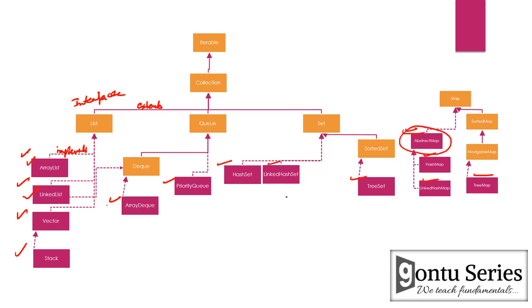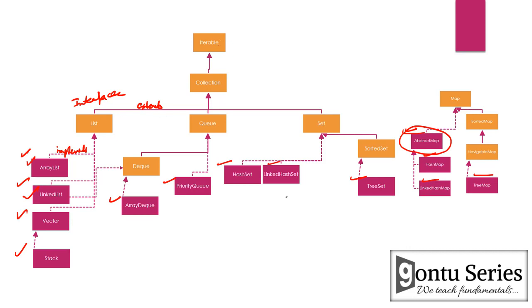Now the point I want you to understand is that this is the hierarchy Java people have maintained for all collection classes, ArrayList, LinkedList. ArrayList is a class which implements the List interface, and the List interface extends Collection.